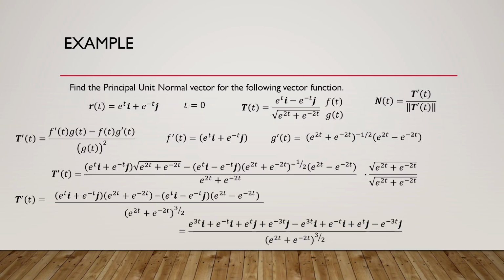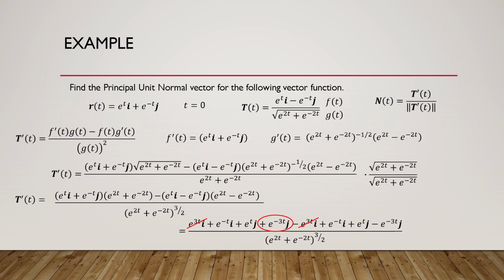Distribute our two sets of binomials in the numerator to get e to the 3t i plus e to the negative t i plus e to the t j plus e to the negative 3t j, minus e to the 3t i plus e to the negative t i plus e to the t j minus e to the negative 3t j. E to the 3t i minus e to the 3t i cancels.